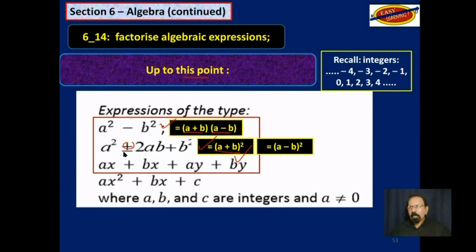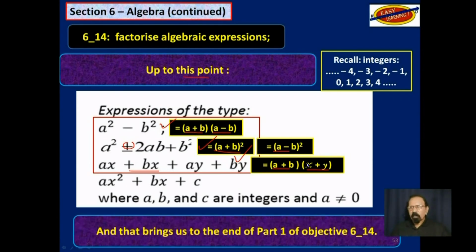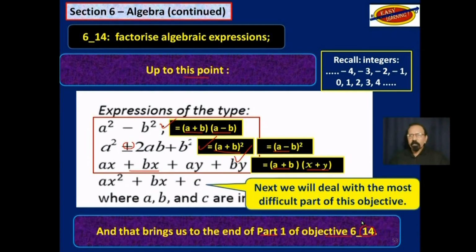Or a squared minus 2ab plus b squared, that came from this. And finally, this one down here, a plus b multiplied by x plus y. And that brings us to the end of part 1 of objective 14. Next, we will deal with the most difficult part of this objective, which is this one, ax squared plus bx plus c. That is in the next video.